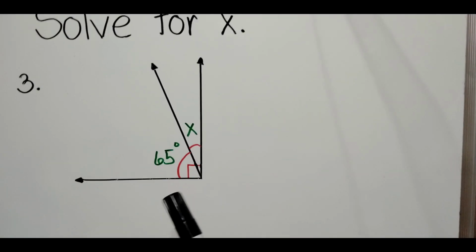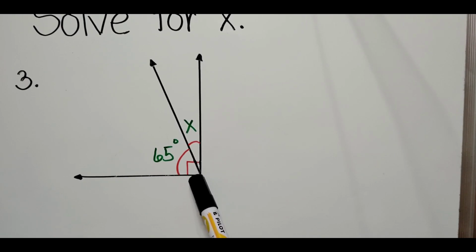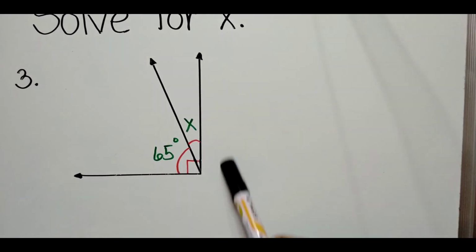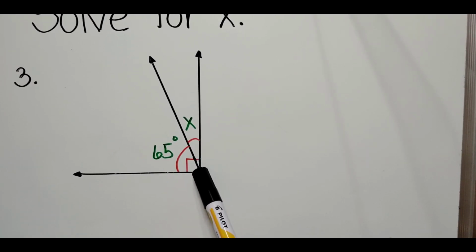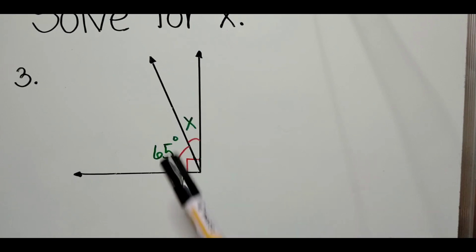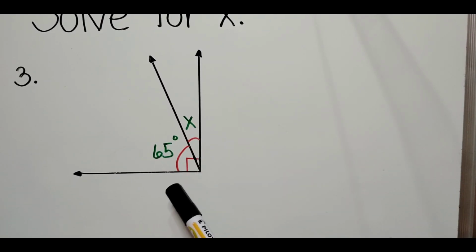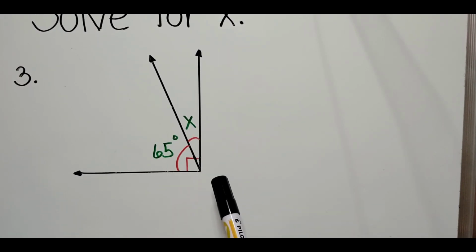Number 3. As we can see in the figure, there is a small square. To recall, this small square means that this angle is a right angle, or an angle whose measure is 90 degrees. This right angle contains two smaller angles, in which one of them measures 65 degrees and the other one is unknown.